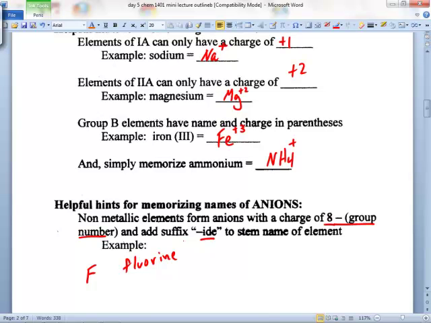Now it doesn't have any choice. What's the group number for F? Yeah, it's that Roman numeral 7 up there. 8 minus 7 is 1. So that means F can only have a charge of 1. But remember, they're all anions, so it's not plus 1, it has to be negative 1. And then how are you supposed to name it? Fluoride.